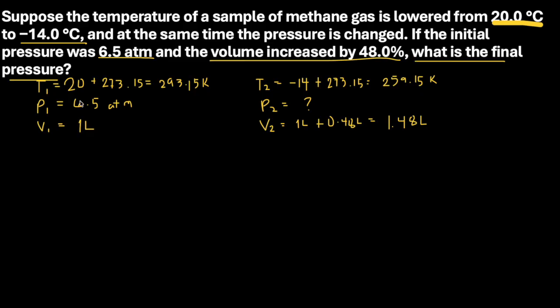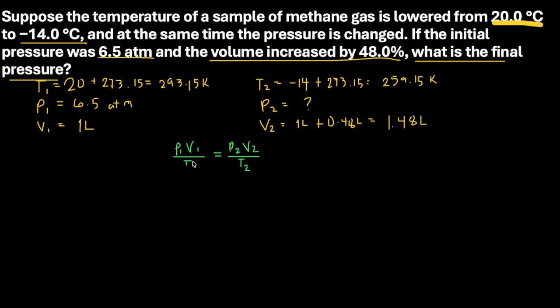Okay, now we're given T1, T2, V1, V2, and P1, and we're missing the P2. So obviously here we will be using the combined gas law equation. So that's P1 V1 over T1 equal to P2 V2 over T2.